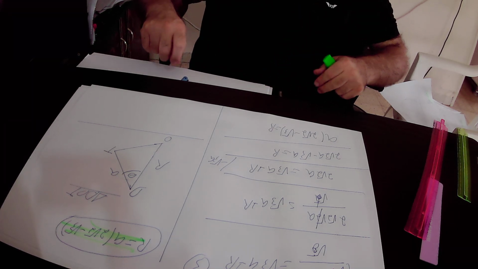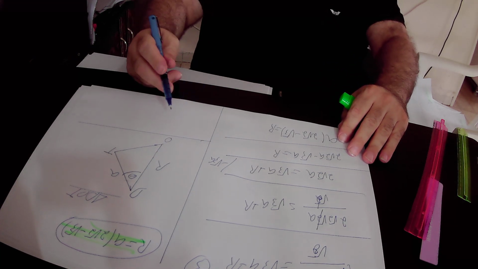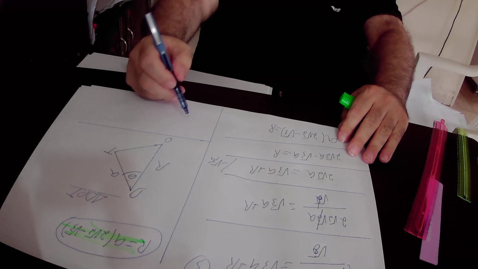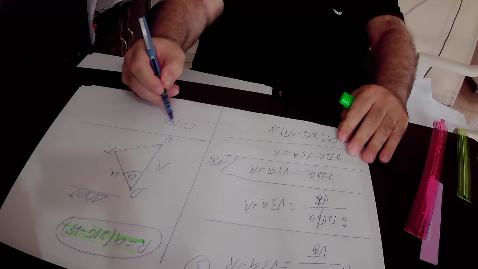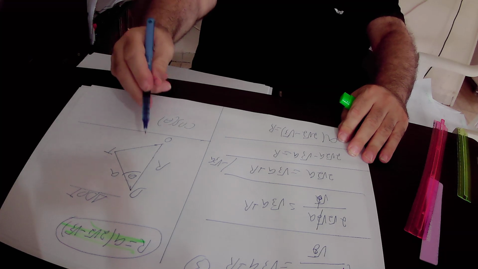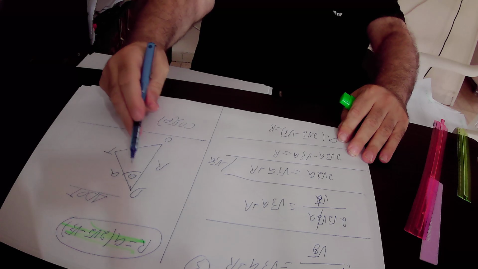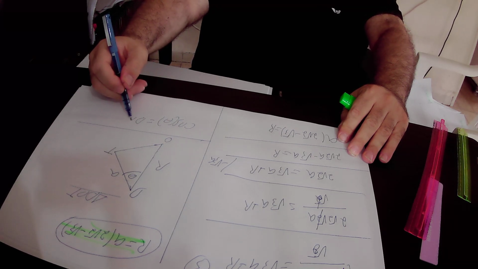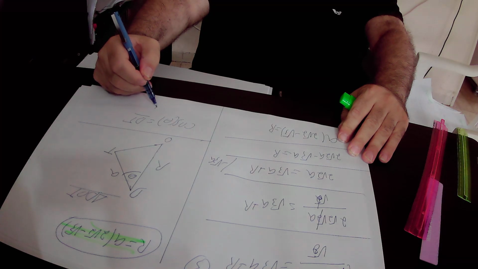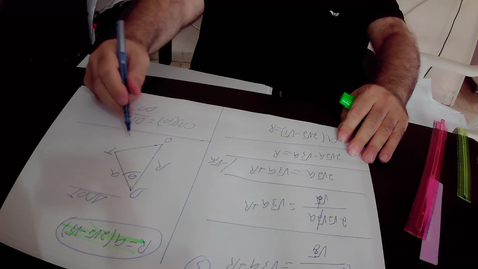In the right triangle DOT, it is very easy to see from the drawing that cosine theta equals DT over DO. Again, cosine theta equals DT over DO. DT equals a, so we substitute DT by a.